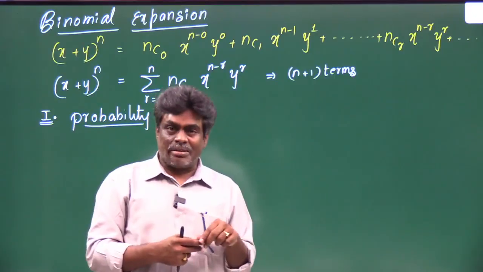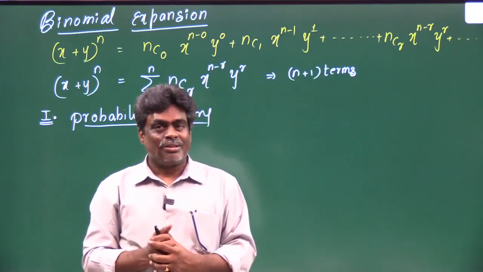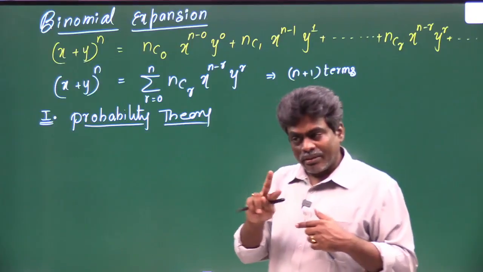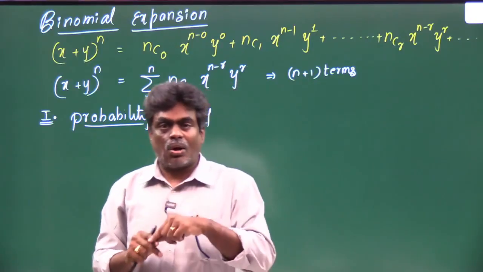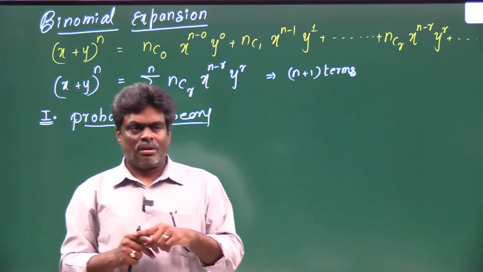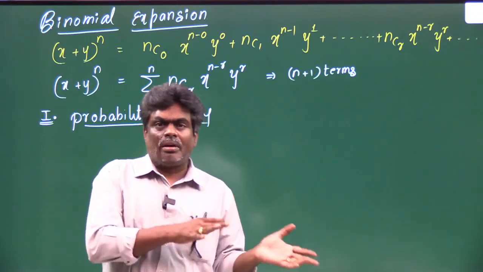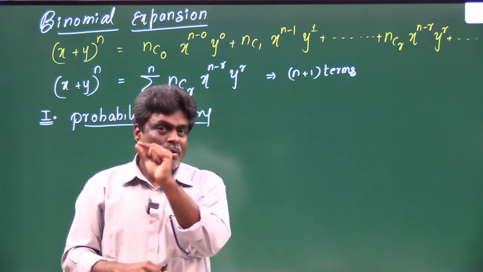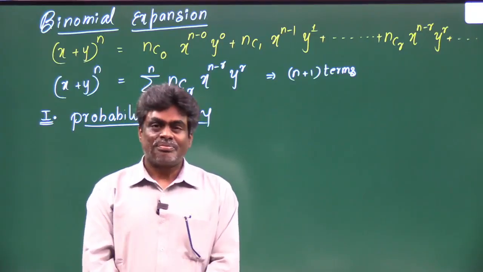If you are writing an exam, you may pass or fail. So whenever any event has two possibilities, yes or no, hit or lose, win or lose, then we will apply this binomial expansion.